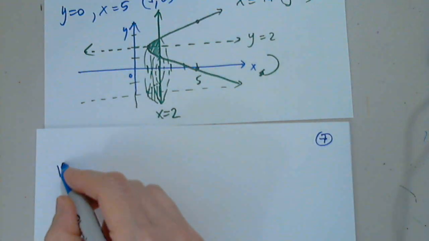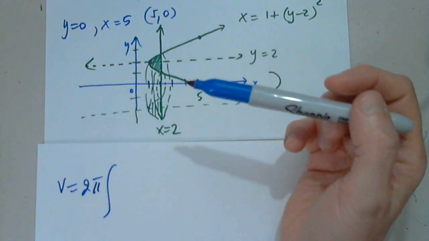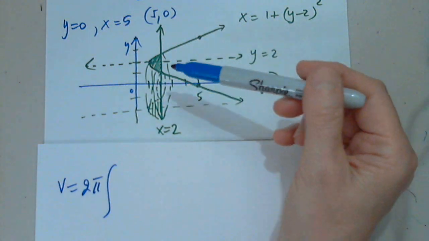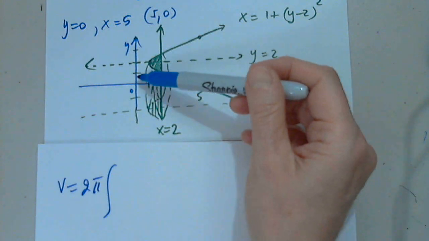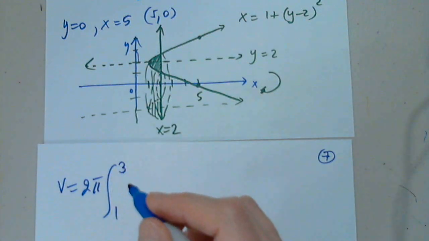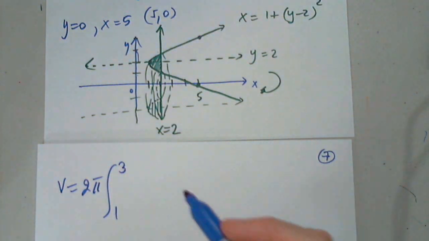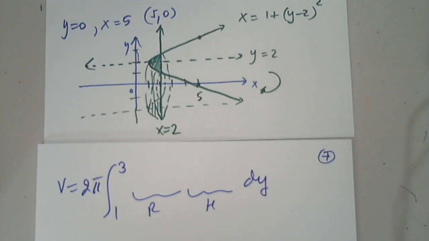So 2 pi, the integral from the area. The area is between 1 and 3. And we have radius, height, dy.